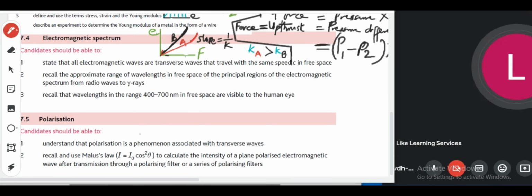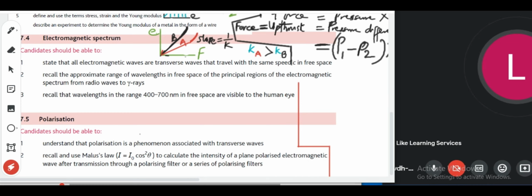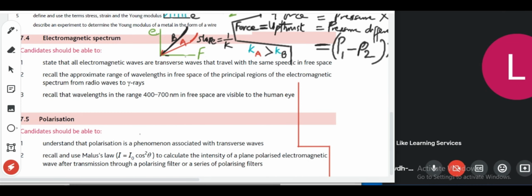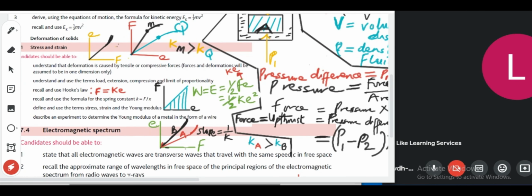This is what I mean. I'm going to draw a line here. Anyway, this is about a different topic which we'll look at later in another lesson. But for now, we're looking at stress and strain, or deformation of solids.